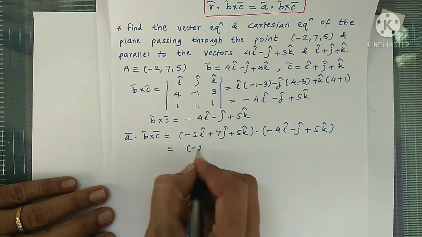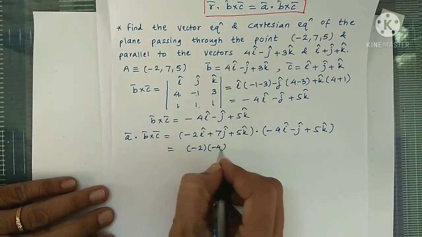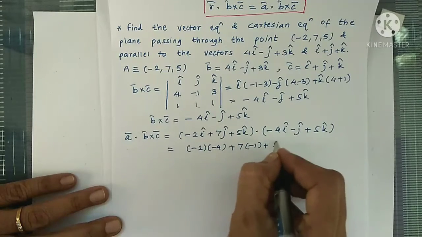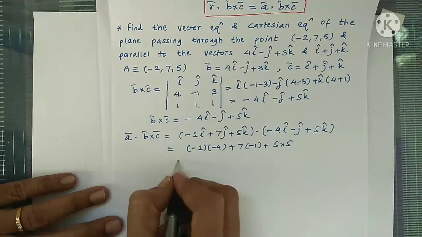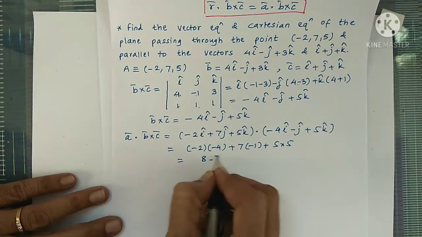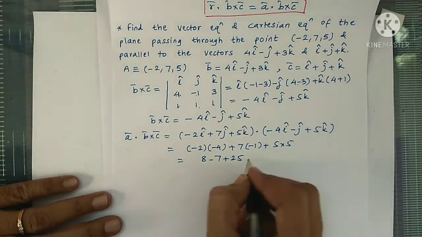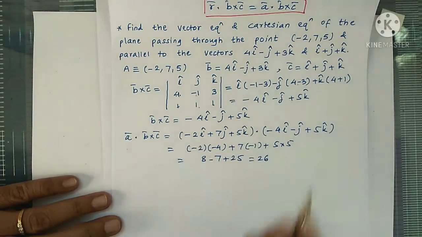So this is -2 into -4, then 7 into -1, plus 5 into 5. So that is 8 minus 7 plus 25. Now 8 minus 7 is 1, plus 25 is 26.